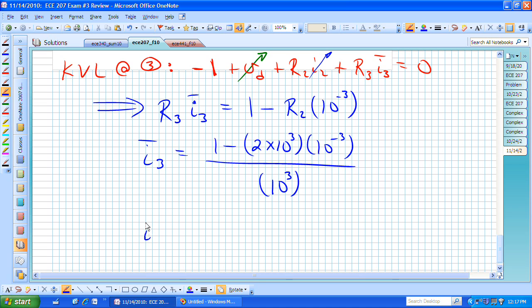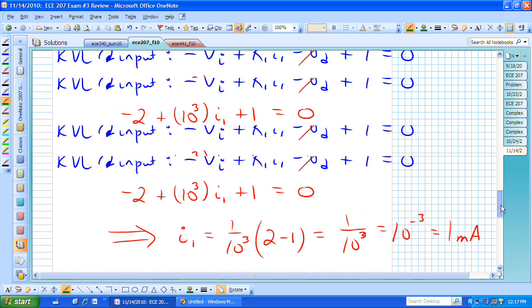This now allows us to say that I sub 3 bar is, these actually cancel, and we're left with minus 1 over 10 to the 3, or minus 10 to the minus 3, or minus 1 milliamp for what we've labeled as I sub 3 bar.